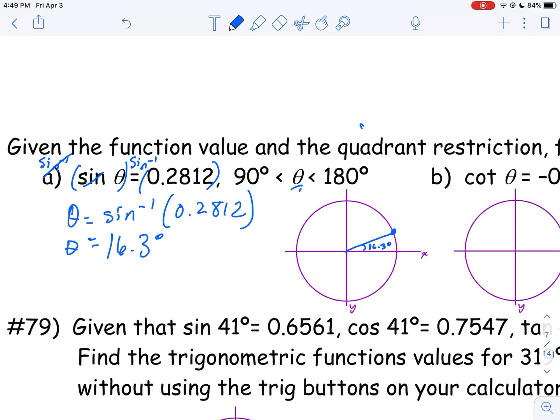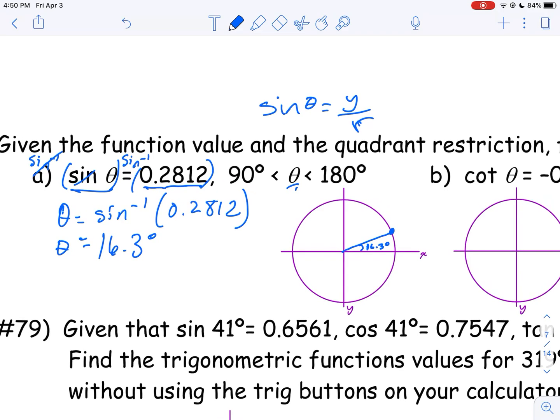Now, we also know that sine is 0.2812. But we also know something else about sine. What is the definition of sine in terms of x, y, and r? Hopefully you said it's y over r. You would be right. That means that if I look at the y value here, but wait a minute, there's not a denominator.